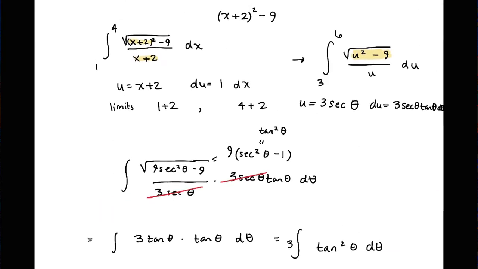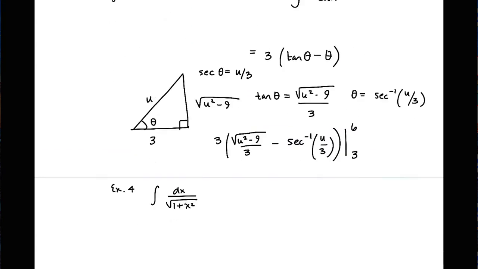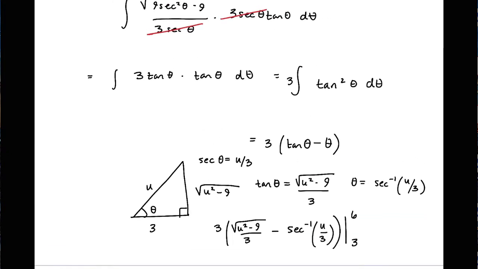Okay, so I went back to this step where I last had u's. And because of how this problem worked out, that step's actually a little easier to evaluate the limits. So I'm kind of glad we had that moment of pause here to show you the thought process that goes into this. Okay, and that ends up being 3 root 3 minus pi, if you end up simplifying that.